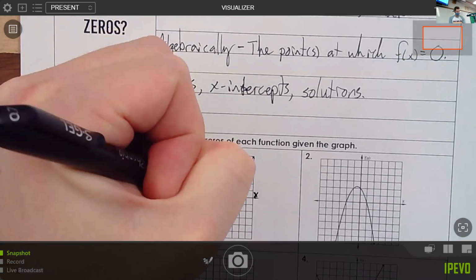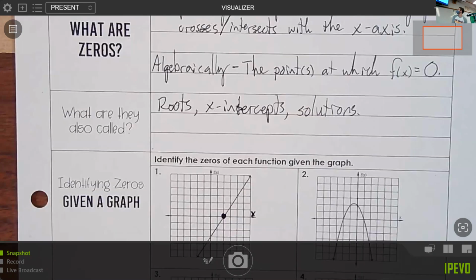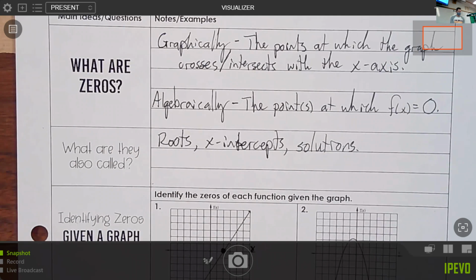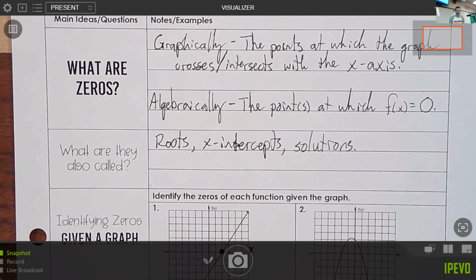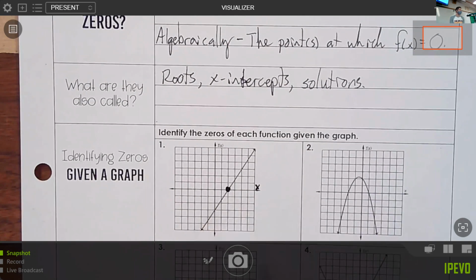This right here is the point where that line crosses the x-axis. So what is this x value? Just the x value. How far over from the middle is it? Where this line crosses the x-axis. 2. Yeah, x equals 2.